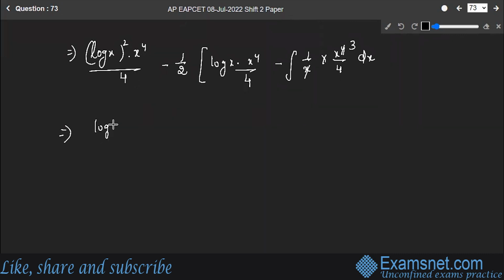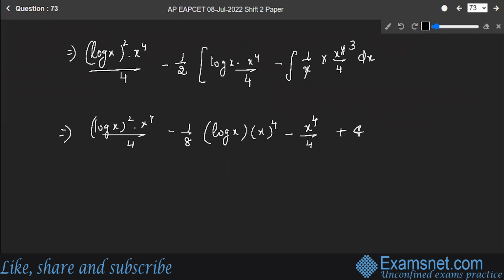So log x square into this minus 1 by 8 log x into x raised to power 4 minus x cube, integral will be given by x raised to power 4 by 4 plus the constant, correct?